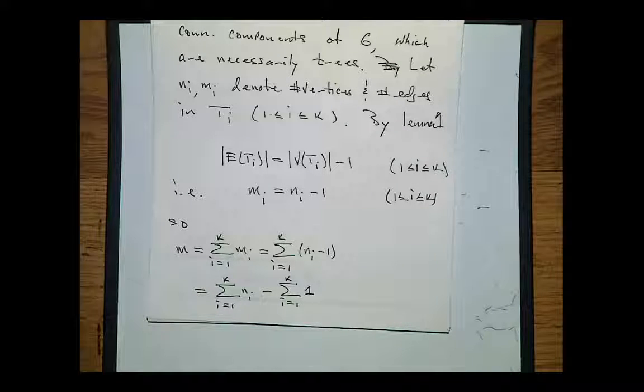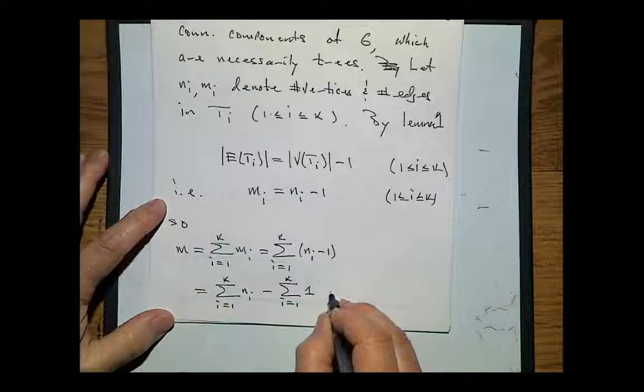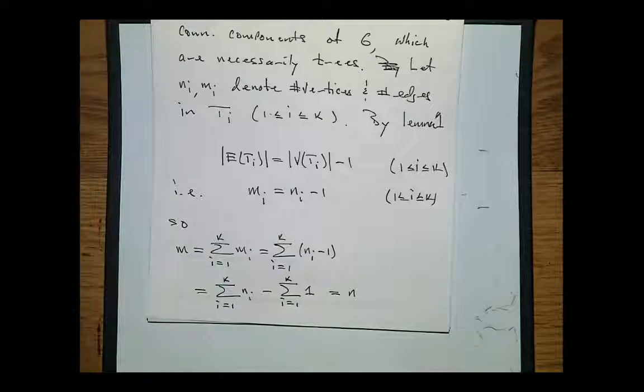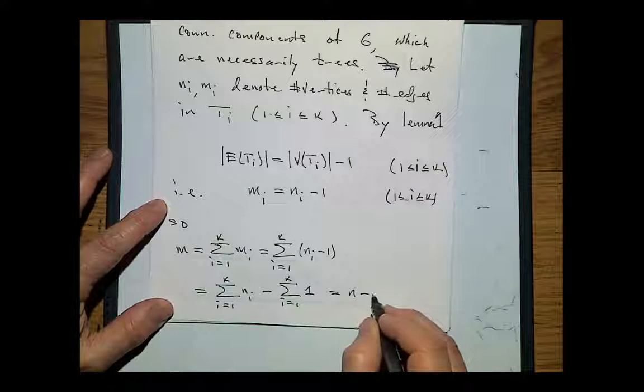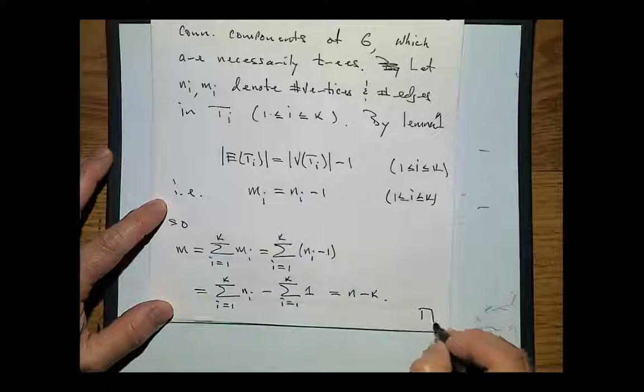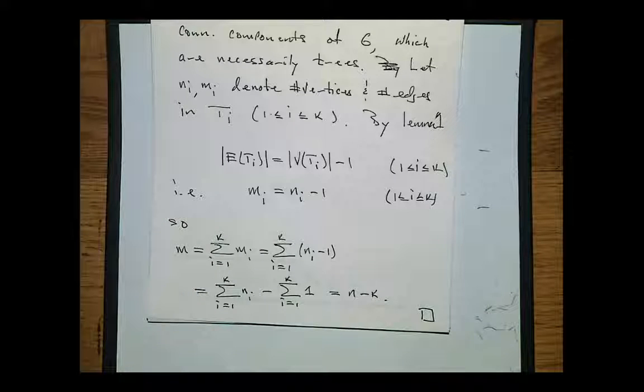If I add up all the vertices in all the connected components of G, I get the total number of vertices in G. What happens if I add up k ones? I get k. So this is minus k. And that's exactly what we were supposed to get, n minus k. See how simple that is?